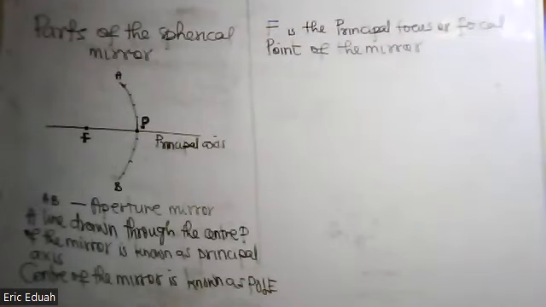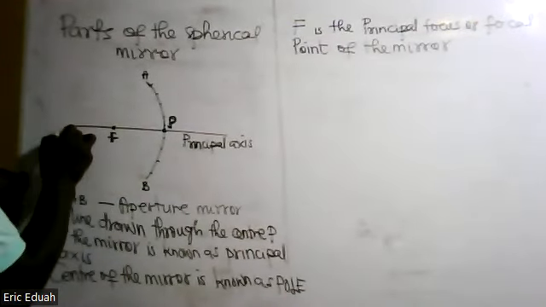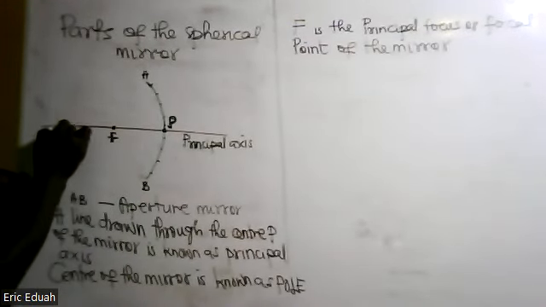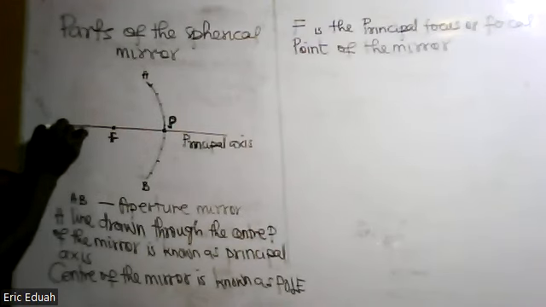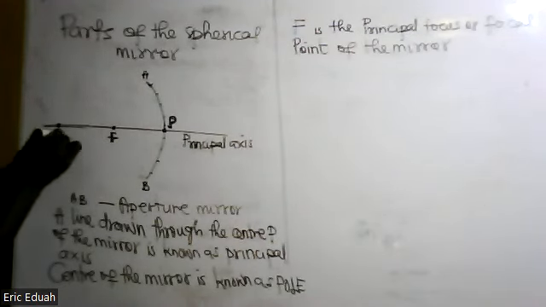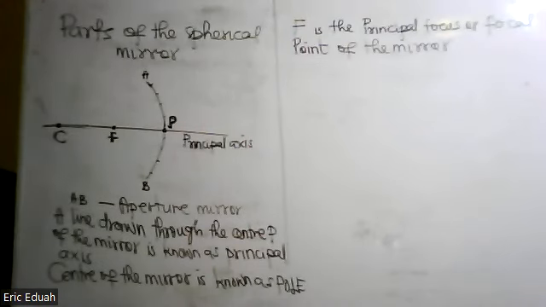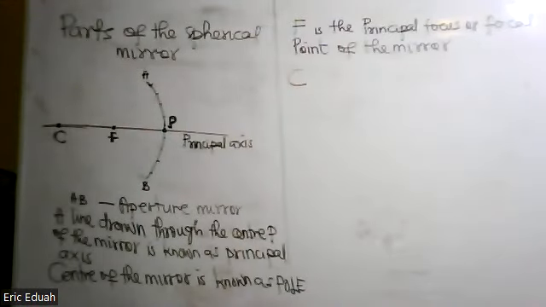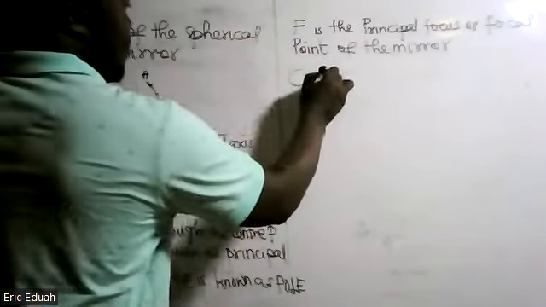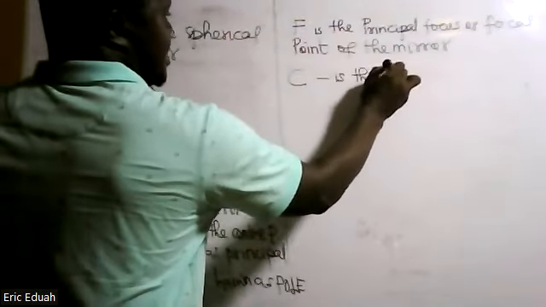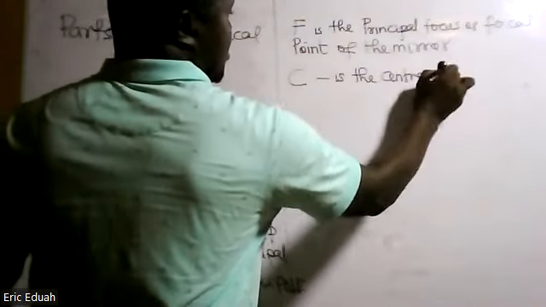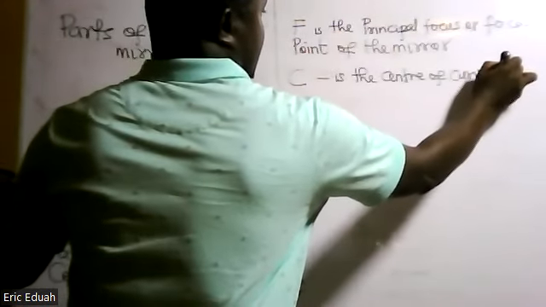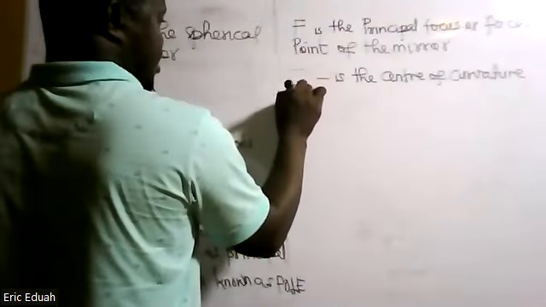There is also another point on the principal axis, represented as the letter C. C is the center of curvature of the mirror.